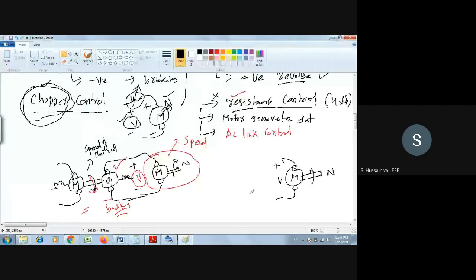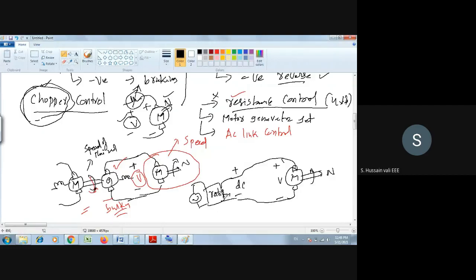In the AC link control, for example, you are getting AC somewhere. Then you will have a rectifier, and the output of the rectifier is DC. Now this DC you connect here.